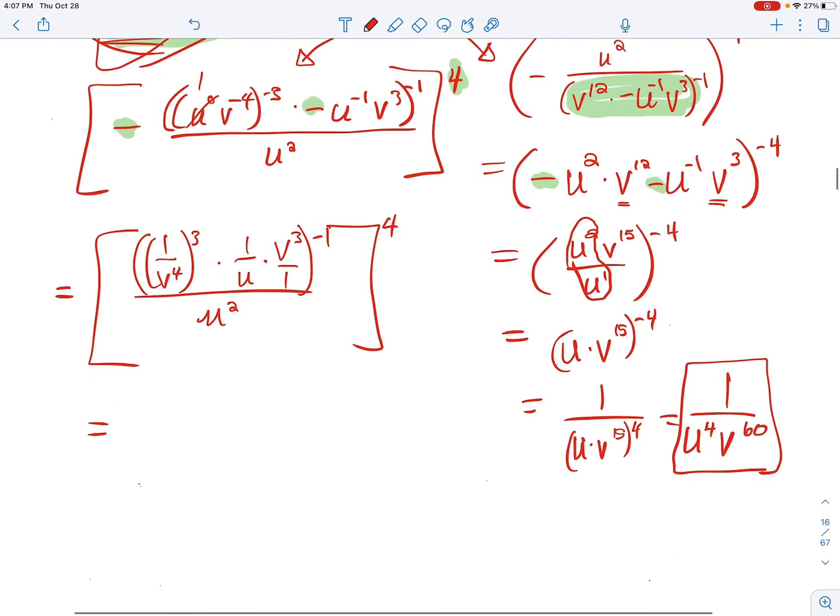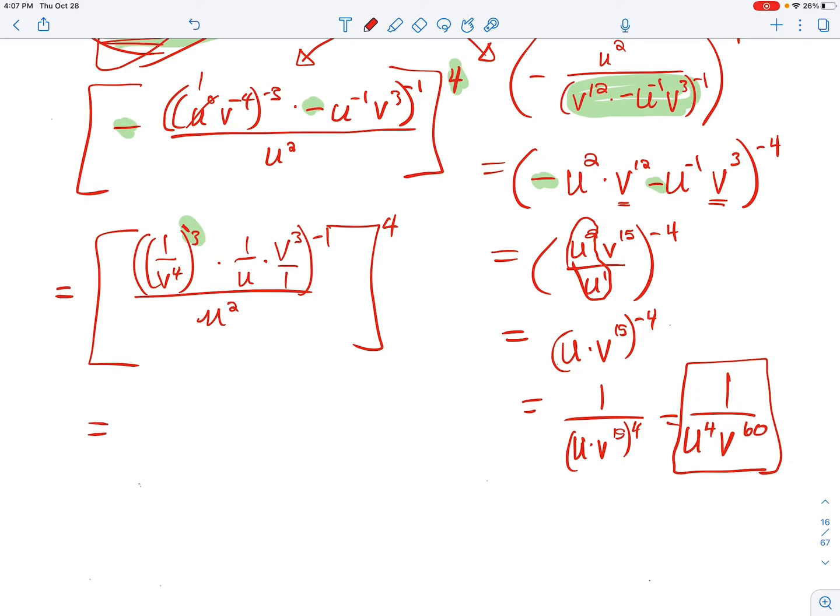Now, things will start to kind of shake out a little bit. This is v to the, let's see. No. I think this should be a negative 3 still. My bad. This right here, I think I missed that negative 3.